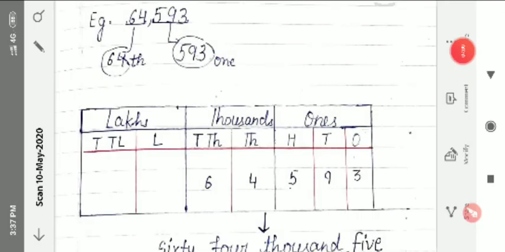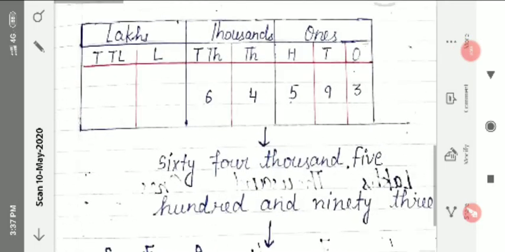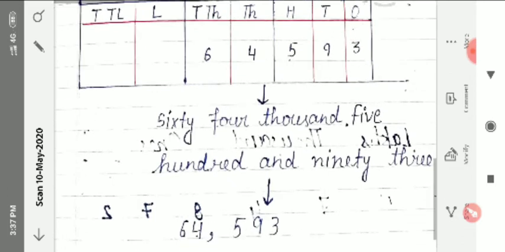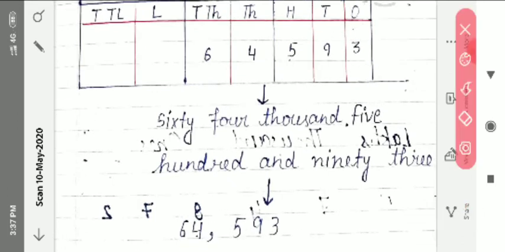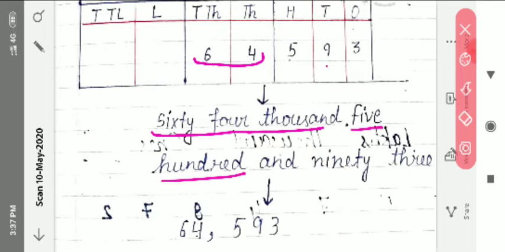We call it 64 in the 10,000 place, 64,000, and in the hundred place 500, and the tens place is 9. So 9 tens will be 90, and 3 ones will be 3. So the naming word is 64,593.